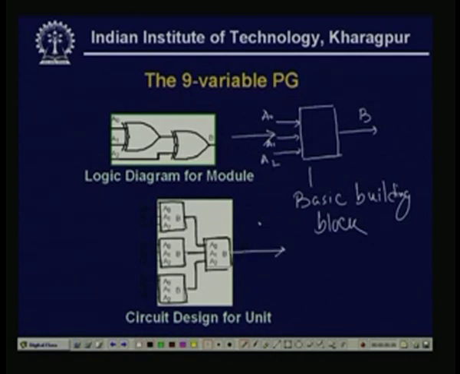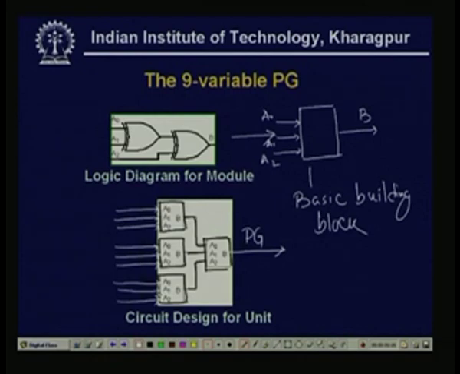The output is the parity generator and these are the 9 inputs of the parity generator, for which I want to compute the parity.